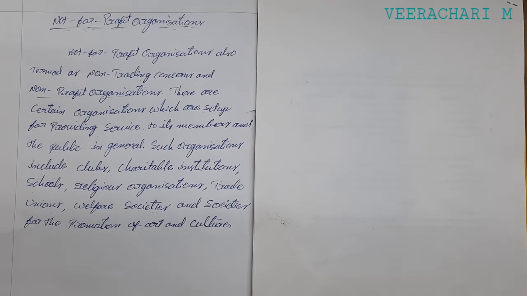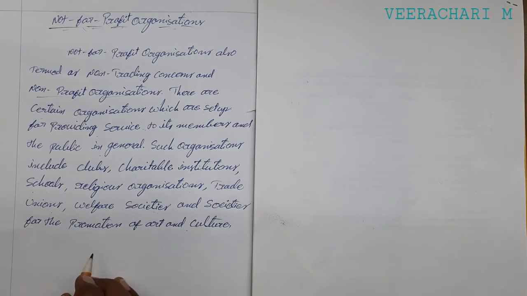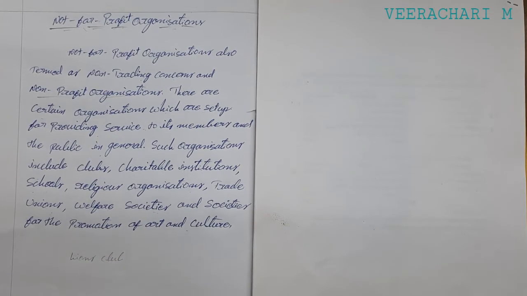Examples of non-profit organizations are clubs, such as the Lions Club, which provides tournaments in schools, colleges, and so on.